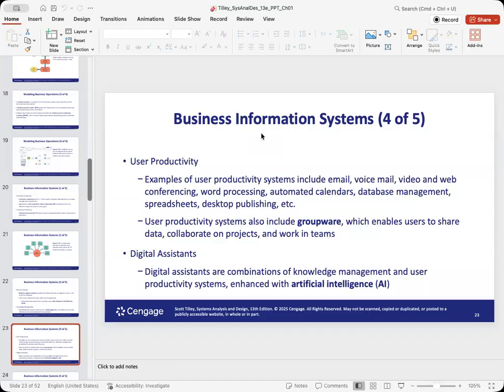So user productivity systems include email, voicemail, video, web conferencing like what you're doing here, word processing, automated calendars, database management systems. It includes all these activities, okay? And they are grouped into what we call groupware. This enables users to share data, collaborate on projects, and also work in teams.